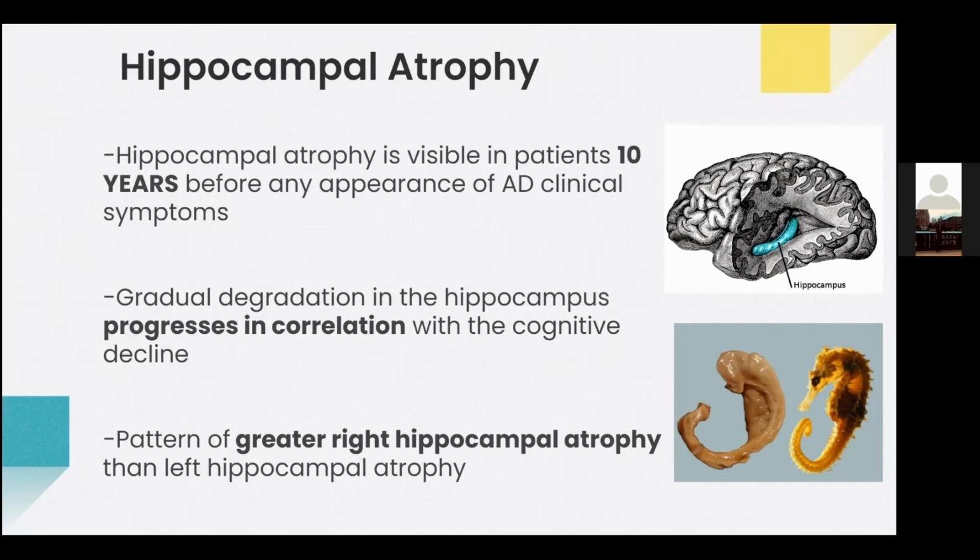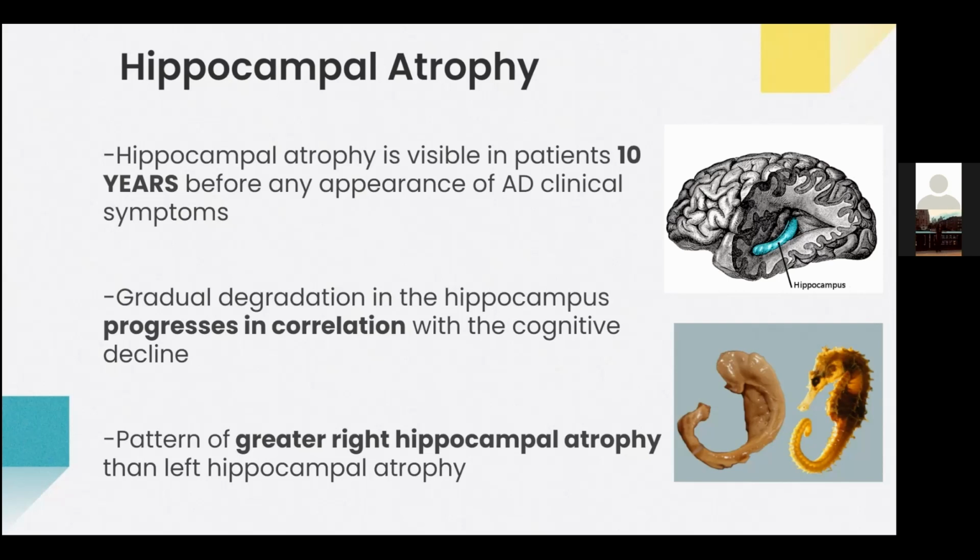As the diagnosis of Alzheimer's nears, scientists also noticed that the shrinking of the hippocampus progresses, which means it gets more and more severe as the patient's cognitive functions decline. For example, as a patient gets closer to being diagnosed with Alzheimer's, the hippocampus shrinks severely, and the memory functions of the patient can also get worse and worse as this atrophy gets more severe.